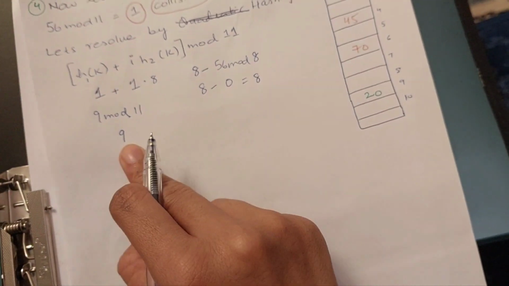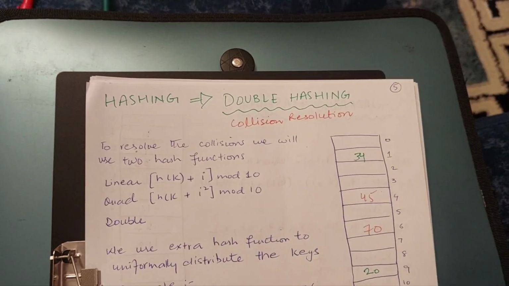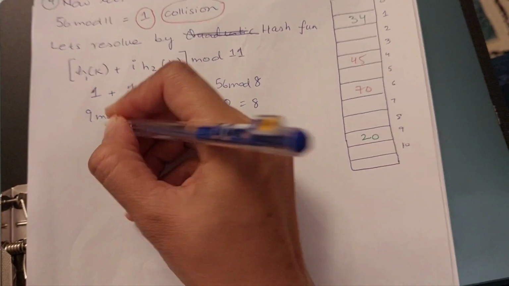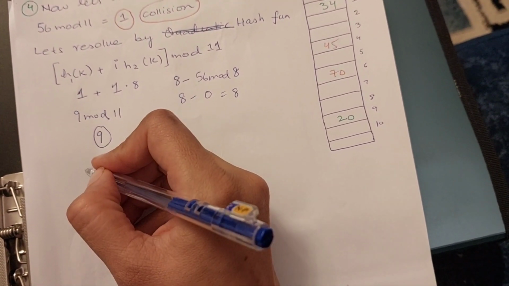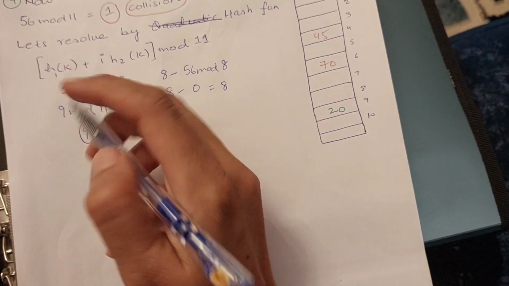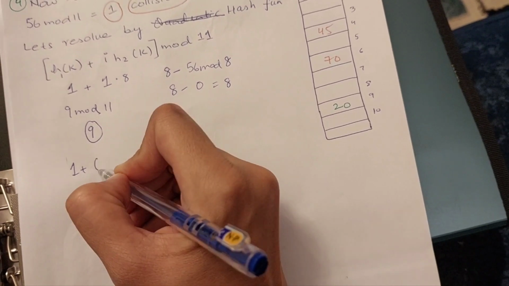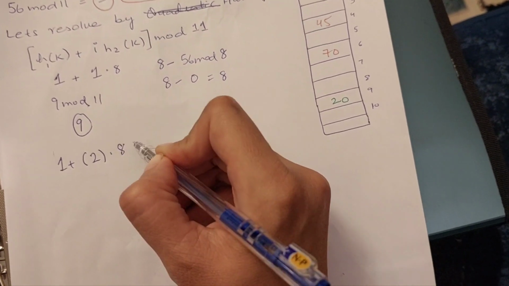So this is 9, but you can see that 9 is already a filled location. So this is still a collision, and I need to resolve it. Okay, so now let's iterate further with the same double hash function. So I can write 1 plus, now i becomes 2 because this is my second iteration, times 8.